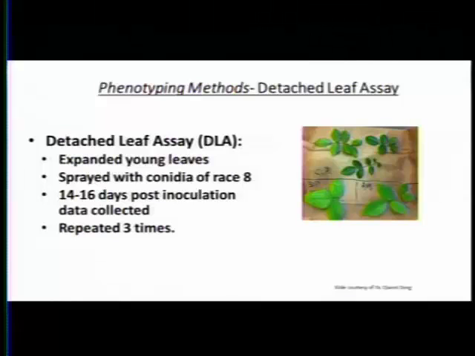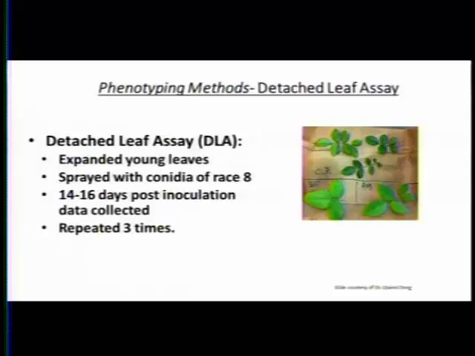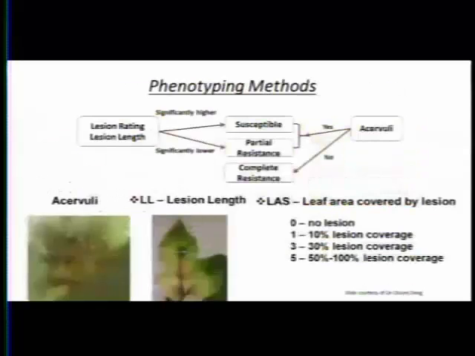So after about 2 weeks after the inoculation, we collected the data. The whole experiment was repeated 3 to 4 times, depending on the material. Based on whether acervuli were present, this is the acervuli, the fruiting body, the reproduction part of the pathogen, we separated our materials into susceptible, partial resistance or complete resistance.